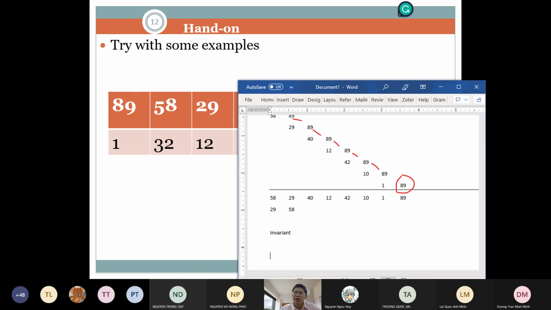It's what we know for sure, and that will be correct after each iteration of our algorithm. What we will have as the final result.